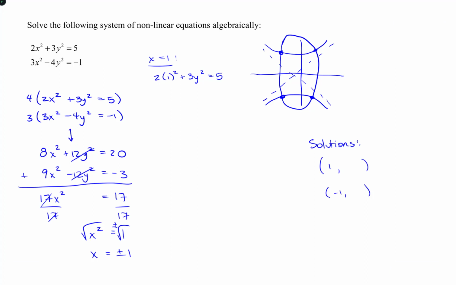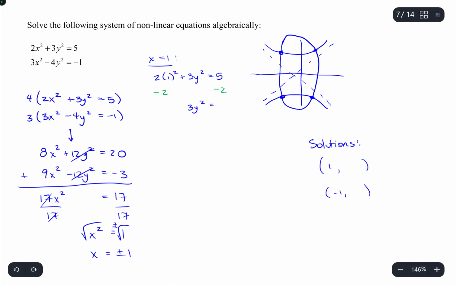So 1 squared is just 1, then times 2 is 2. So subtract 2 from both sides, and that gives me 3y squared equals 3. Now I'm going to divide both sides by 3, so y squared equals 1. And when I take the square root of both sides, y equals plus or minus 1.